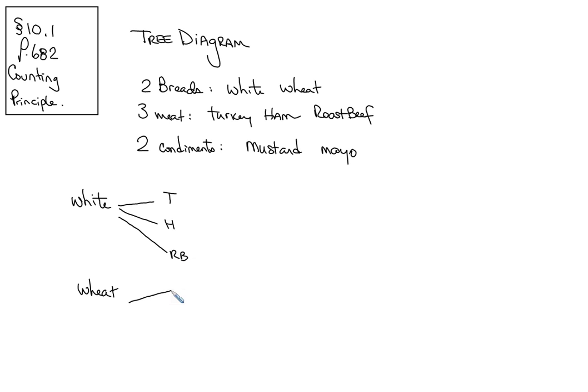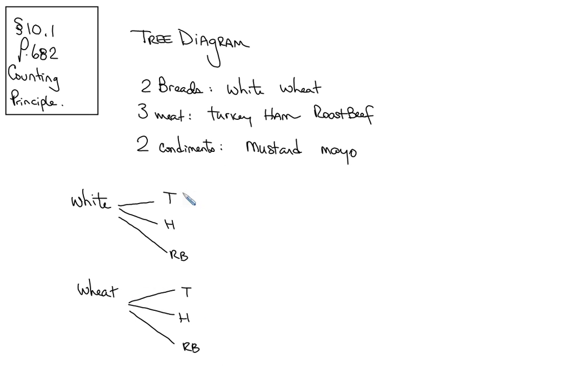We could have wheat with turkey, wheat with ham, wheat with roast beef. So far, how many different possible sandwiches are there? 6, right? So the ends of each of these trees gives you a possible outcome. You could have white turkey, white ham, white roast beef. Wheat turkey, wheat with ham, wheat with roast beef.